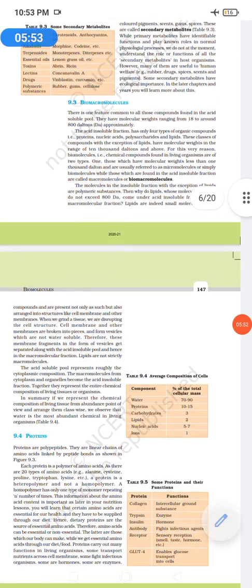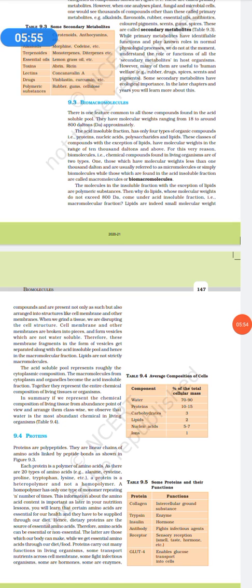Next, we have biomacromolecules, the large molecules. When we talk about biomacromolecules, the acid insoluble fraction has four types of organic compounds: protein, nucleic acid, polysaccharides, and lipids.